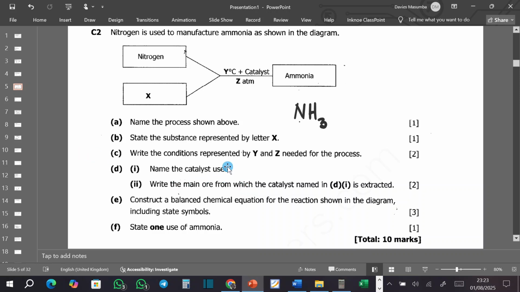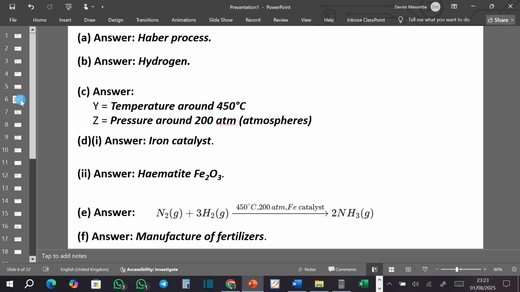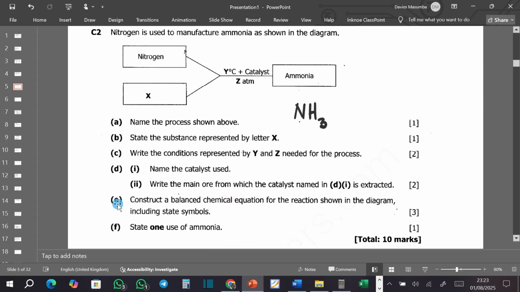So iron is extracted from an ore known as hematite, and hematite is iron 3 oxide. Then E says construct a balanced chemical equation for the reaction shown in the diagram, including state symbols. So they want us to write a balanced chemical equation for the reaction here.